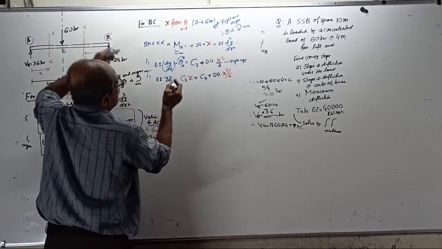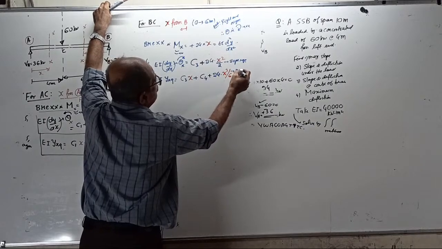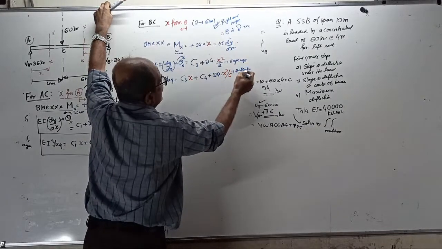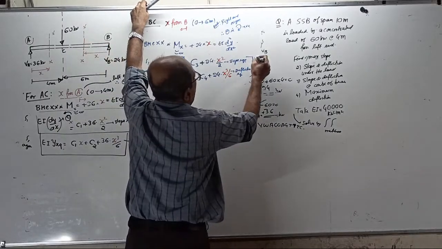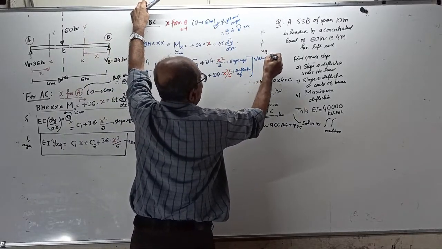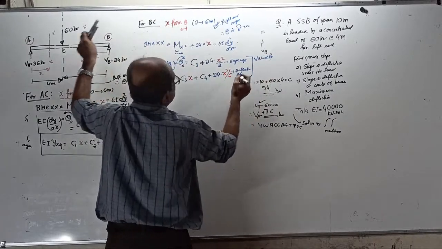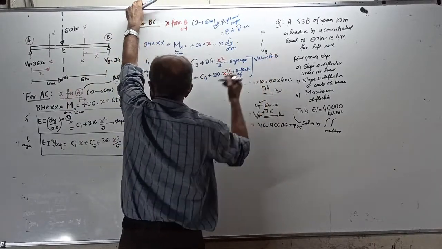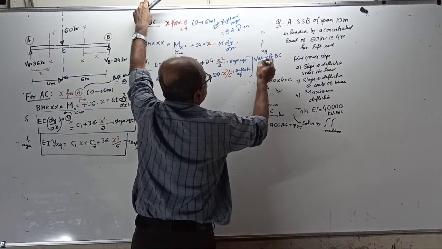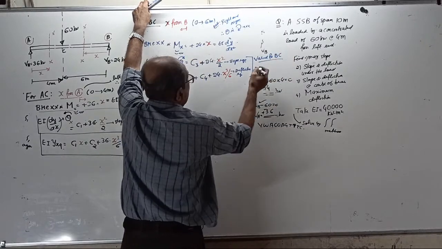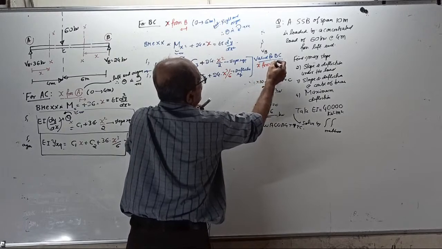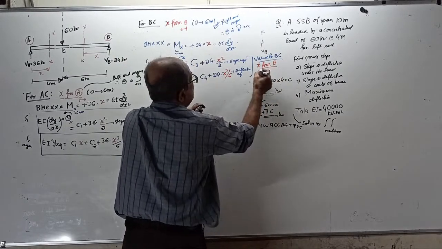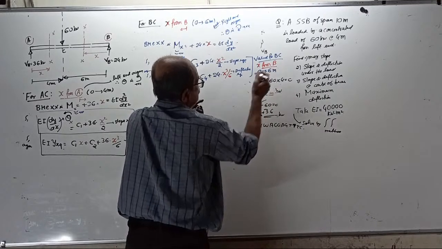Now, this is called the deflection equation. Remember, make a note, valid for B to C. Here I wrote AC; this is valid for BC, and remember x from B varies from 0 to 6 meter.